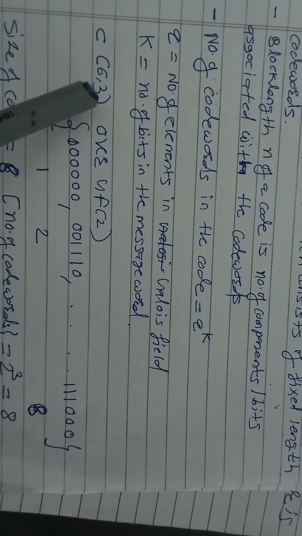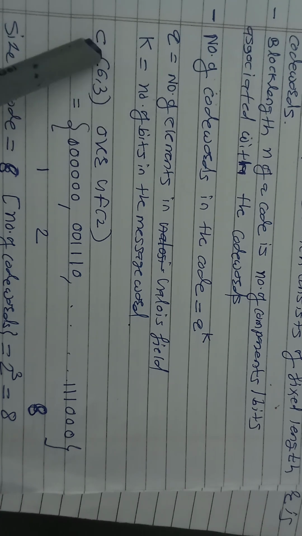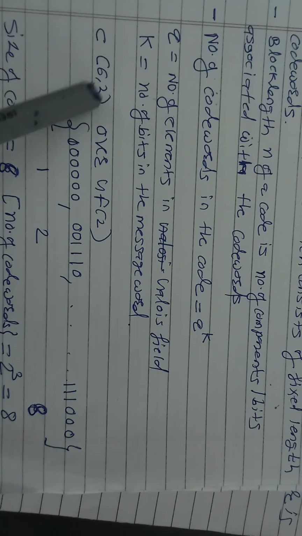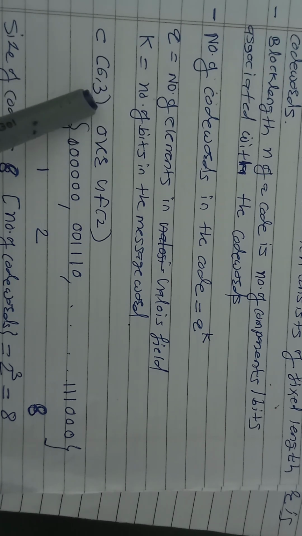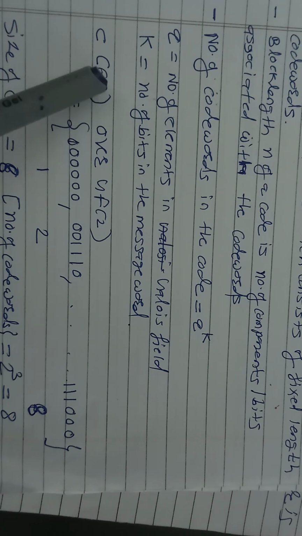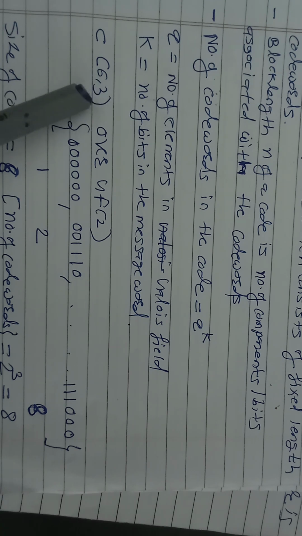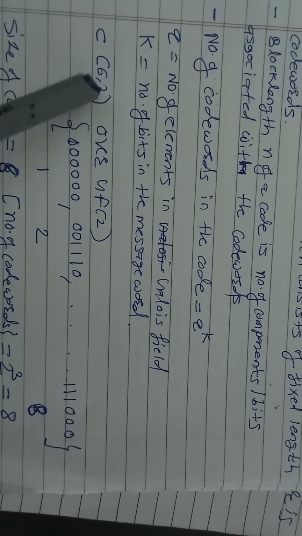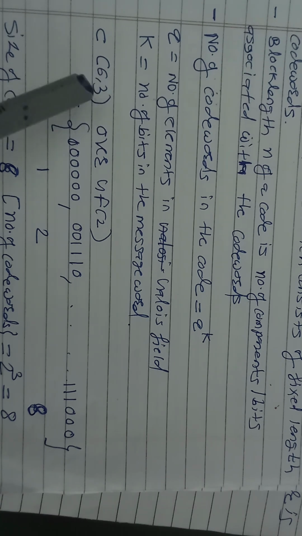From 3 bits you are making a code of 6 bits. How? You are adding some parity to those 3 bits and making it 6 bits. So 6 is the block length of that code, and 3 is the message word length. The message, or input, you are giving is of 3 bits and the output of that code is 6 bits.